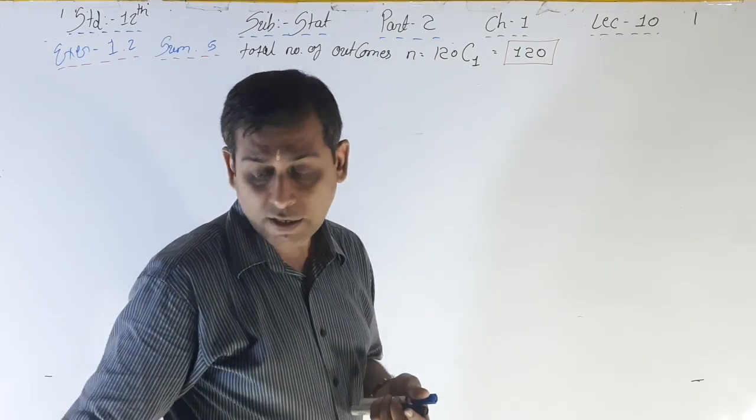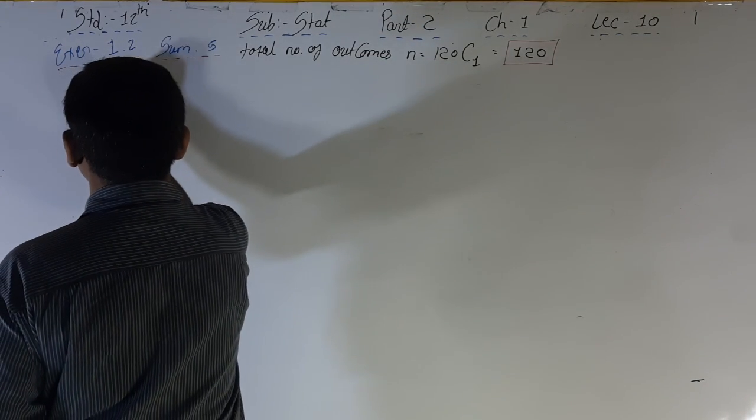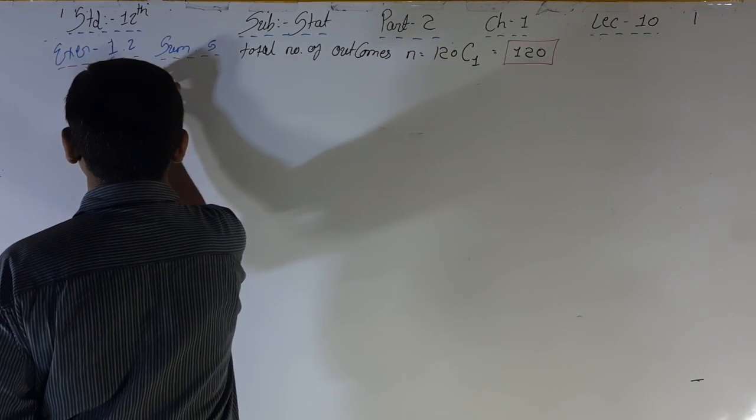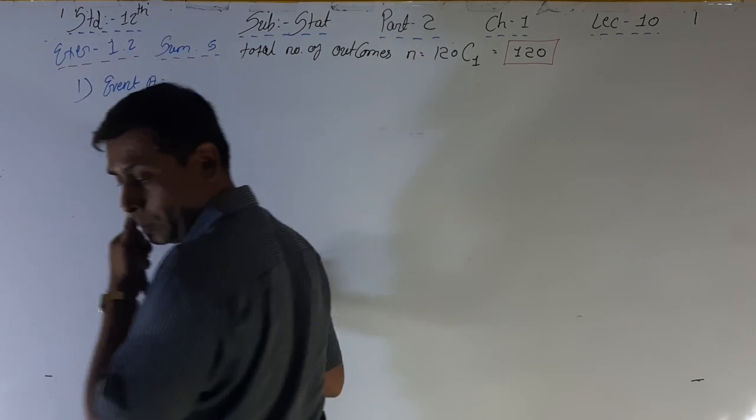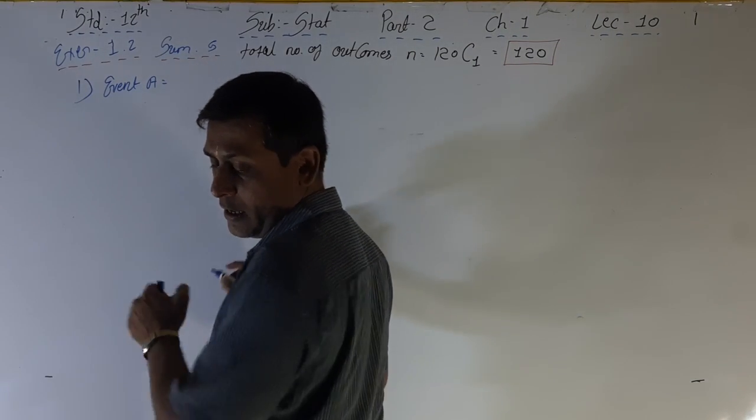Now, what is the event A? First point, event A is equal to the number selected is a multiple of 3.